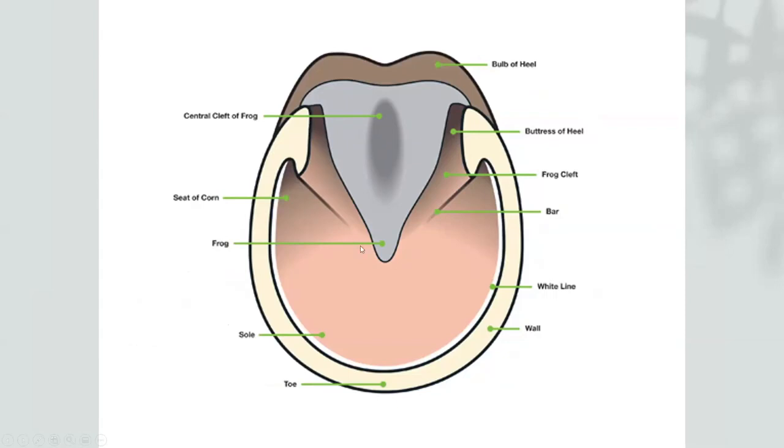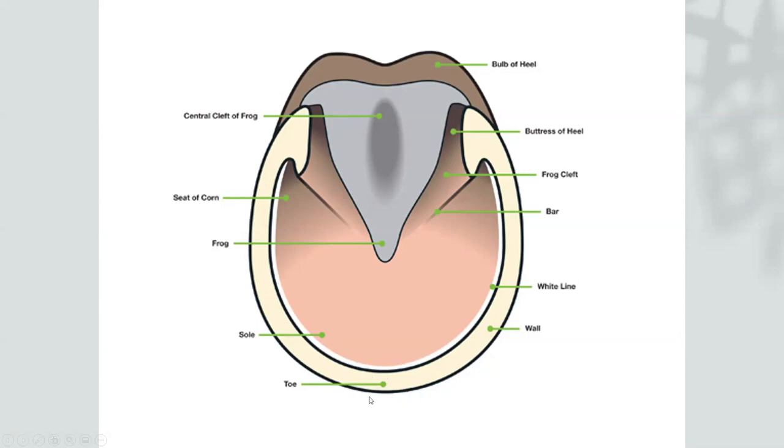On either side of that frog, we're going to have our clefts. We'll have a medial one on the inside and a lateral one on the outside. You'll have this little ridge here of your sole that forms the bar of the foot. And as we have our hoof wall here on the outside, we can name our structure.